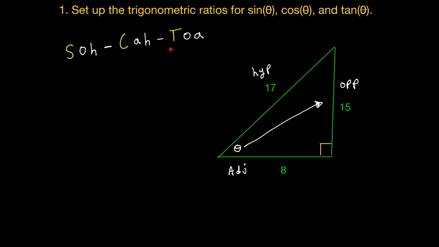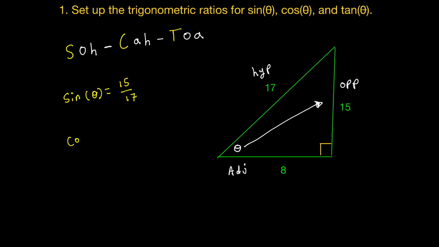Now I'm going to use my mnemonic device, SOHCAHTOA, so that I can write the ratios for sine, cosine, and tangent. Beginning with sine, the ratio for sine of theta is going to be the opposite side divided by the hypotenuse. So that's going to be 15 divided by 17. Next, I'm going to get cosine.